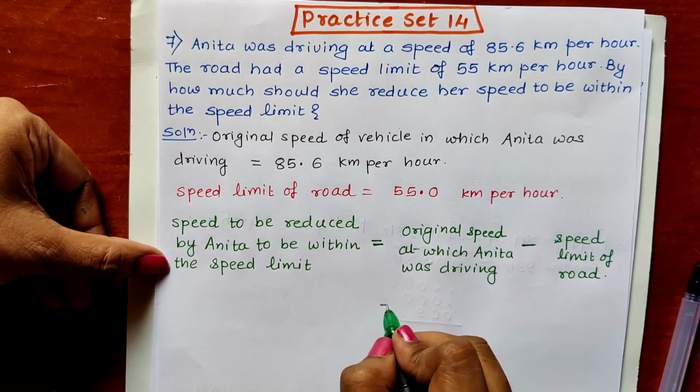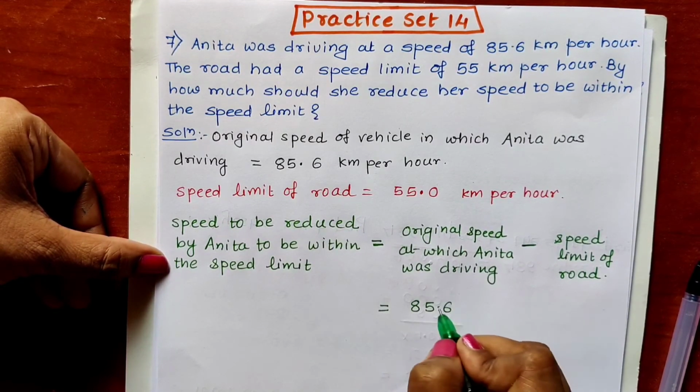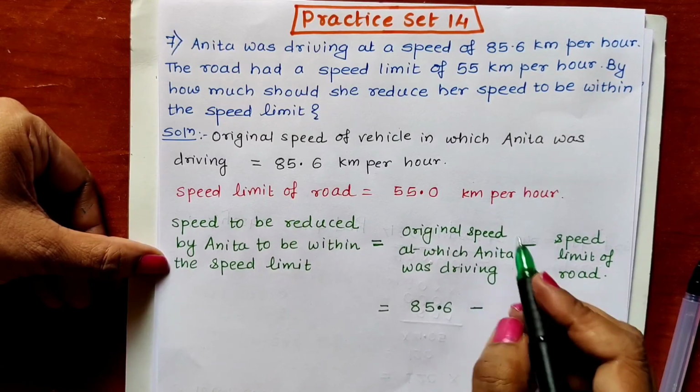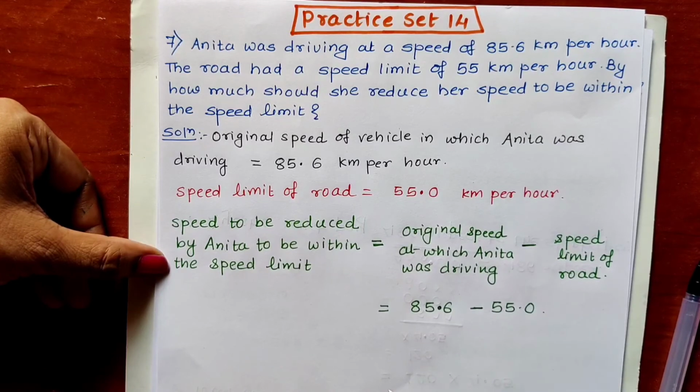So the original speed is 85.6, and minus speed limit of road, it is 55.0.